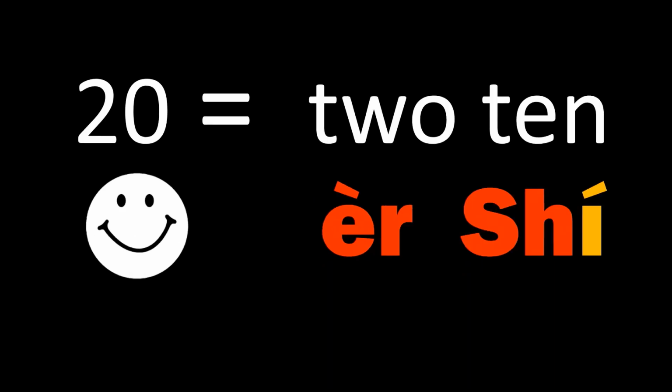Now 20 is another rule which is very simple to understand. 20 is 2 10. So in Chinese we call it like that. 2 is èr, 10 is shí. So together is èr shí, 20.